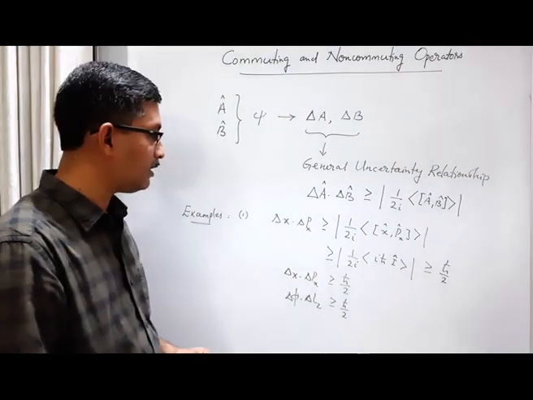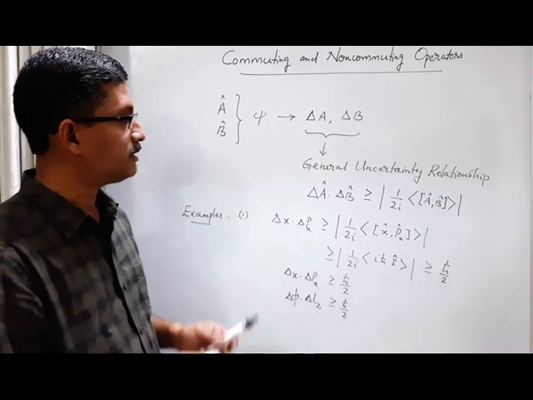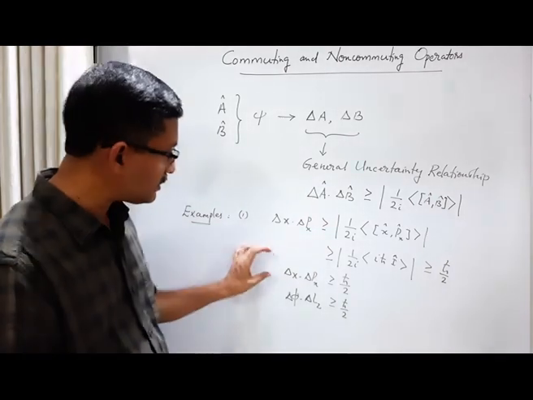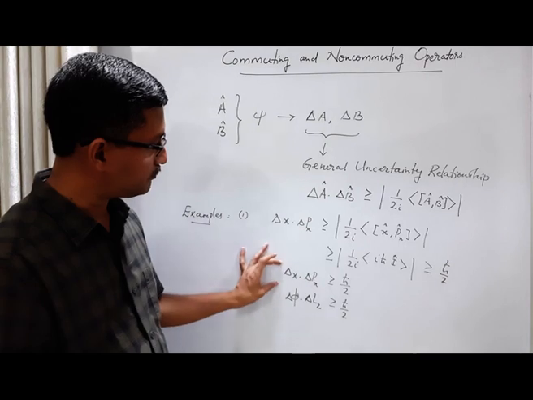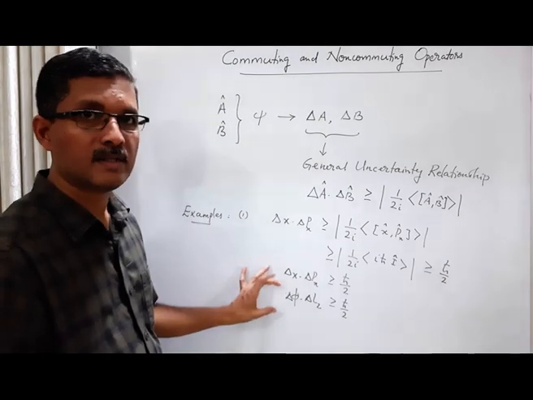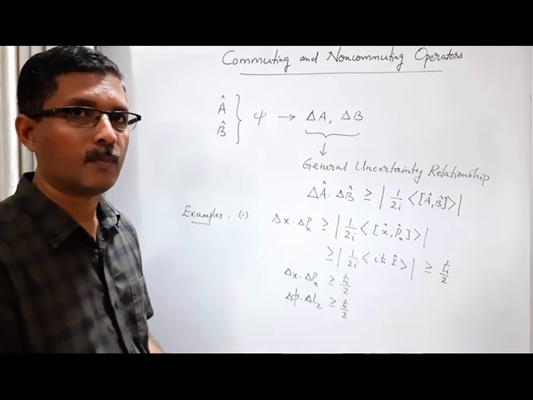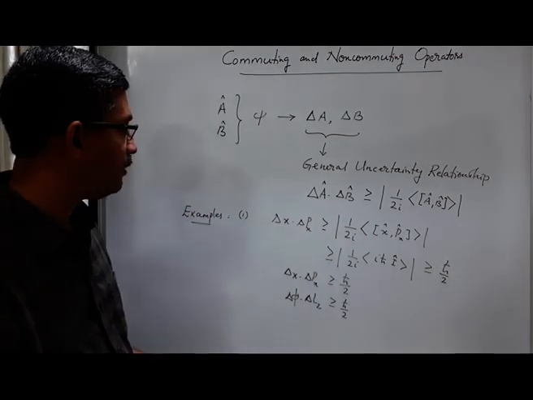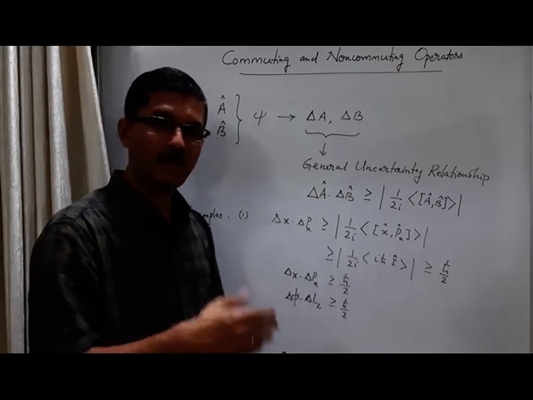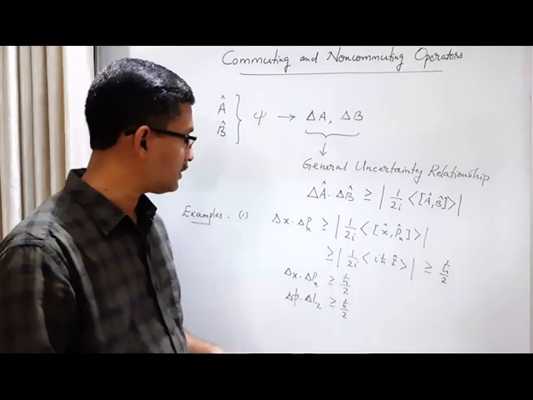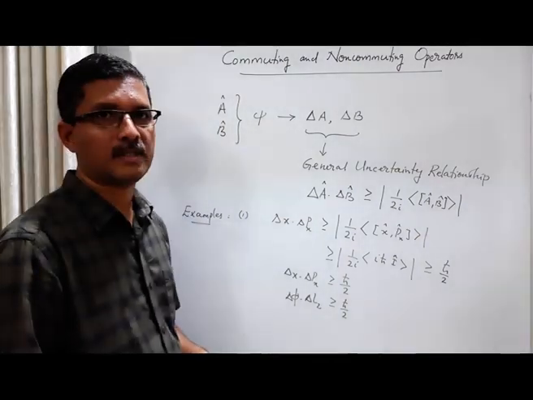Any pair of canonically conjugate operators satisfy Heisenberg's commutation rule, and they satisfy this Heisenberg's uncertainty relationship also, provided they are non-commuting operators. So we can say any pair of non-commuting canonically conjugate operators satisfy Heisenberg's uncertainty relationship.